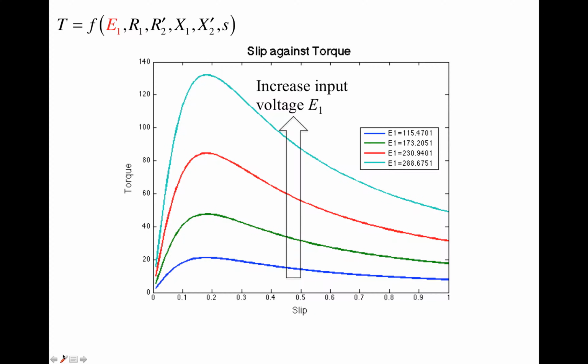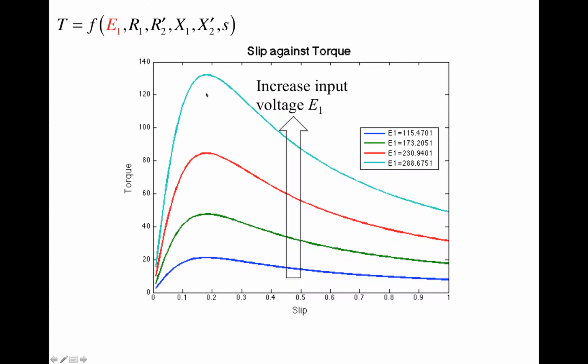Now let's look at how the torque slip curve is going to change with increasing input voltage E1. As the voltage increases, the amplitude of the curve is going to increase. The location of the peak, the slip Sn corresponding to the maximum torque, is not going to shift.